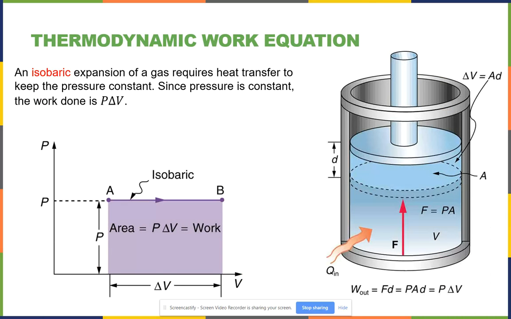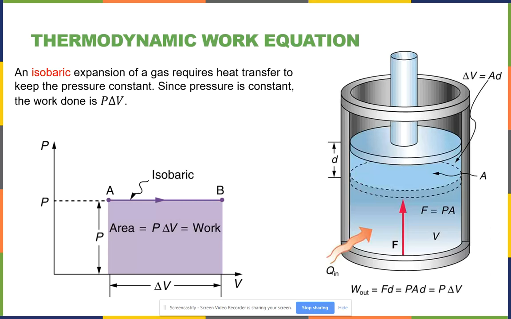Now let's look at an isobaric process. So we have the cylinder again, and we are going to somehow miraculously keep the pressure constant. Why do I say miraculously keep it constant? What should normally happen if you compress a gas? Pressure should increase. So you're going to have to do something to keep the pressure constant.